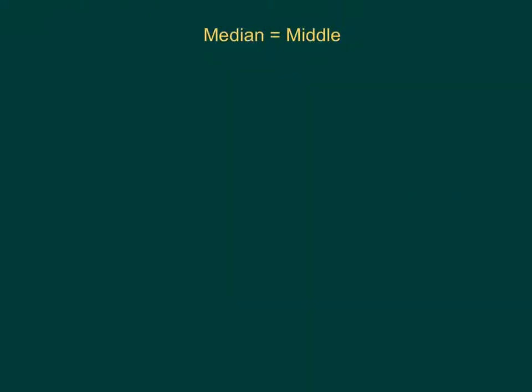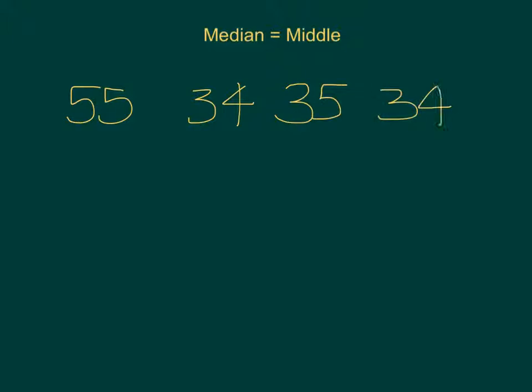The next central tendency we're going to look at is median. And median is middle. It's the number that is in the middle of a set of data. So, for example, if we had numbers like 55, 34, 35, 34, 57, 78, and 106.